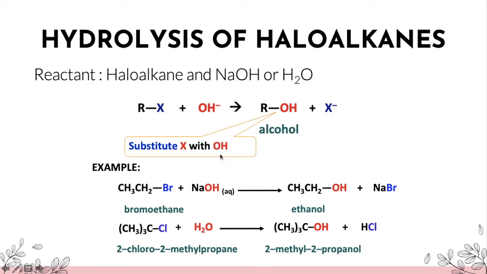It depends on the reactant. So for example, bromoethane reacts with sodium hydroxide. The bromide will be replaced by hydroxide ion from sodium hydroxide to produce ethanol and NaBr.